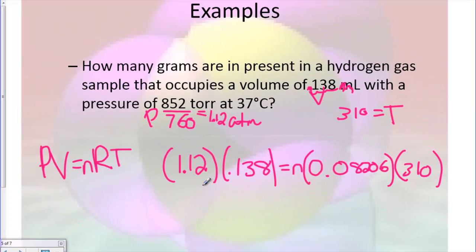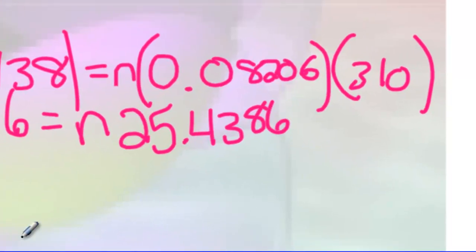So we're going to multiply these two, and that gets us 0.15456. And that's equal to n times these two variables multiplied, which gets us 25.4386. Now we want n by itself, so we're going to divide by 25.4386 on both sides.